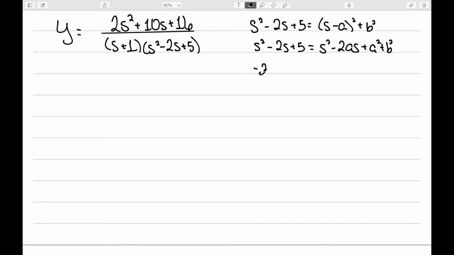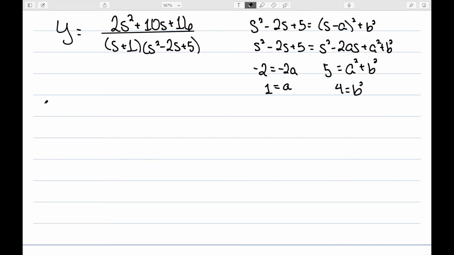Coefficients of s are negative 2 and negative 2a, so I have that a is 1. My constants are 5 on the left and a squared plus b squared on the right. I know that a is 1, so that gives me that 4 is equal to b squared.